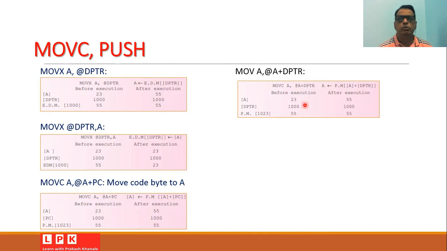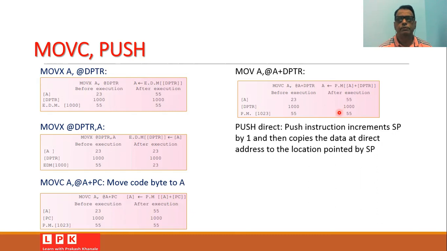Suppose A is equal to 23, DPTR is equal to 1000, and A plus DPTR gives the memory location 1023, of which the content is 55. Then after the execution of this instruction, the content of A will be changed to 55, while the other contents will remain unchanged.